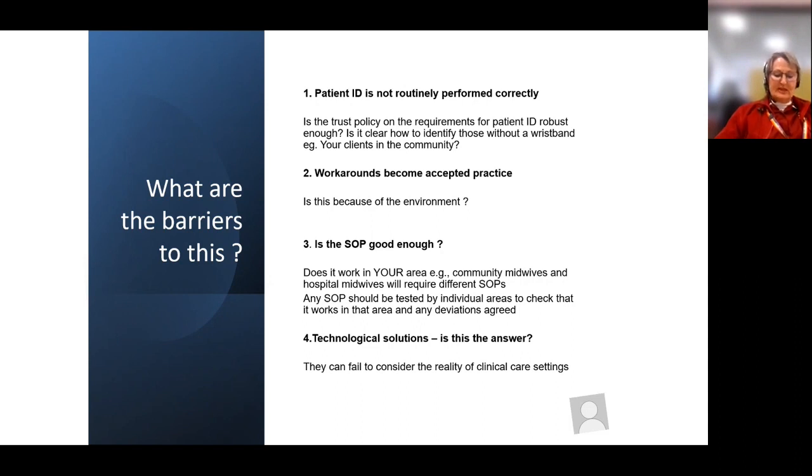For example, samples in the community, as Caroline's just said, you haven't got wristbands, you've just got the patient, and therefore you do need to rely more on the patient or the woman, in midwives' case, of course, themselves. And of course, in an inpatient ward, you have patients with wristbands. So you really need different processes dependent on the situation. And I ask you, do you have these processes?